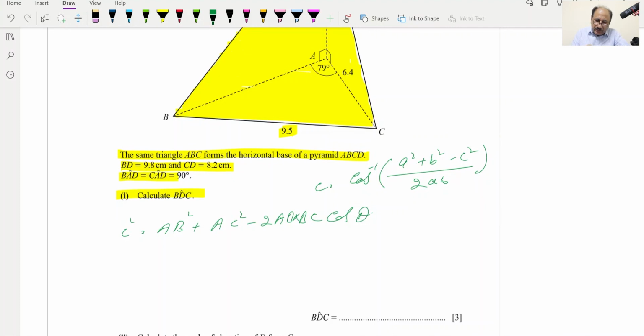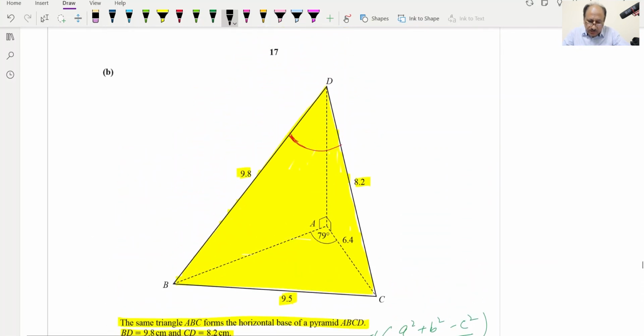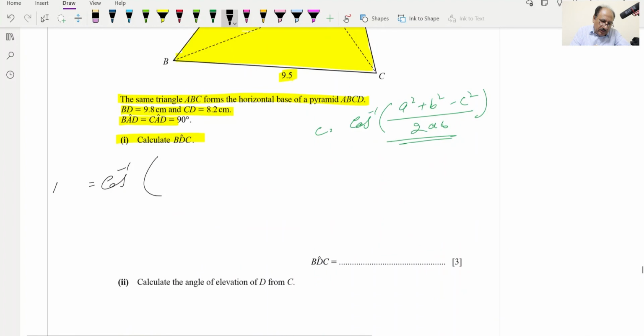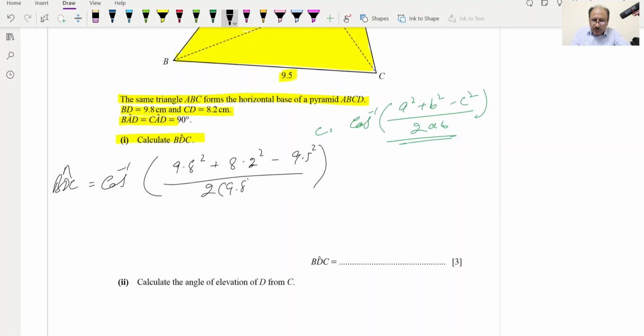So I will be directly replacing in the given formula. This will be equal to cos inverse, and this angle is BDC. So I will write angle BDC is equal to cos inverse of (9.8 squared plus 8.2 squared minus 9.5 squared) divided by 2 into 9.8 into 8.2.